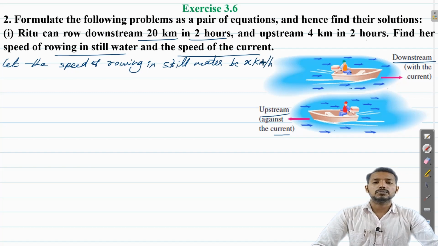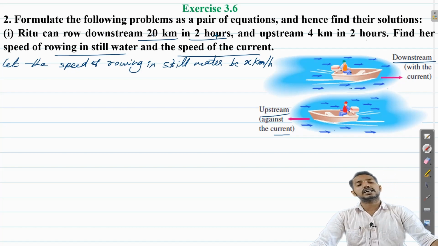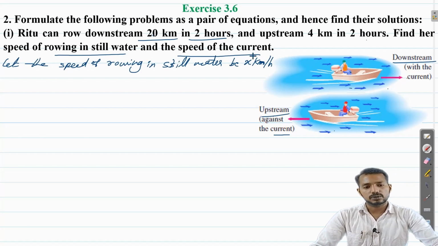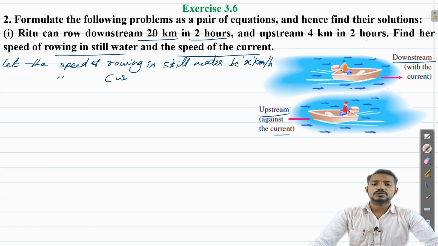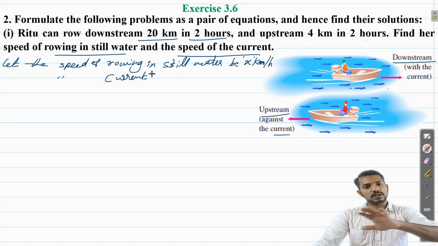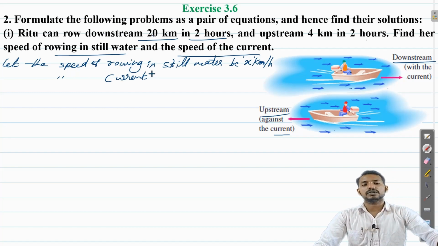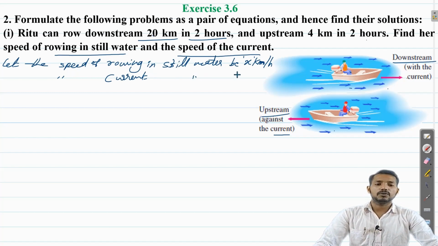Why did I choose kilometer per hour? Because here the distance is given in kilometers and time is given in hours. So the unit will be x kilometer per hour. Similarly, let the speed of current, which means the speed of the stream or speed of water flow, be y kilometer per hour.